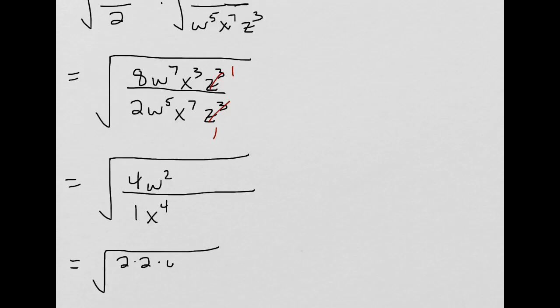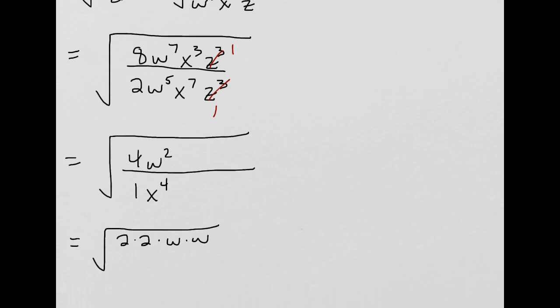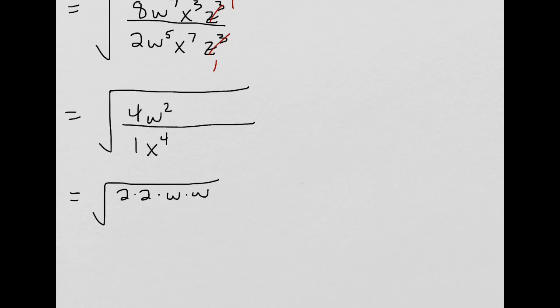W squared is just w times w. On the bottom, well, 1 times x to the 4th is just x to the 4th, so I don't really even need to worry about the 1. But I know x to the 4th is really just x times x times x times x. And now, again, what I'm looking for is for every 2 of each factor, I can pull 1 out.